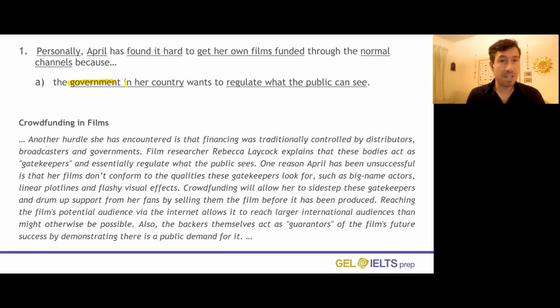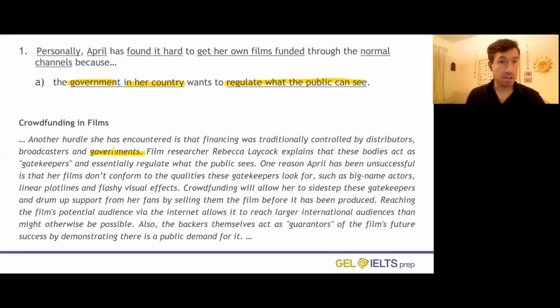The government in her country wants to regulate what the public sees. So we can quickly look through and see if we can find any. So let's read this first sentence. It says, another hurdle she's encountered is that financing was traditionally controlled by distributors, broadcasters, and governments. Okay, so we've got governments here. Okay, so is this government in her country?